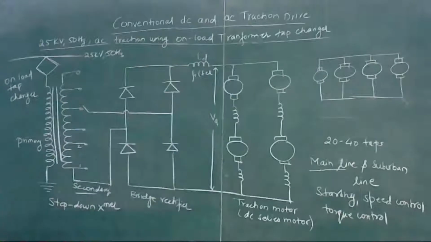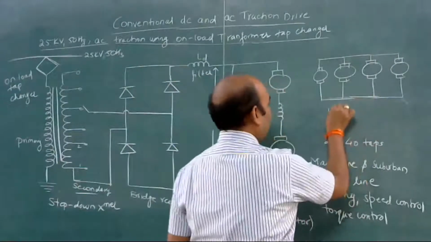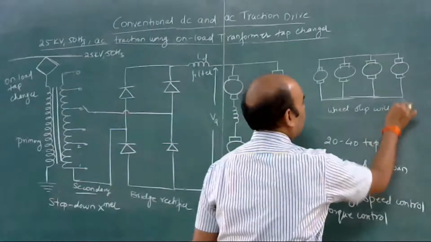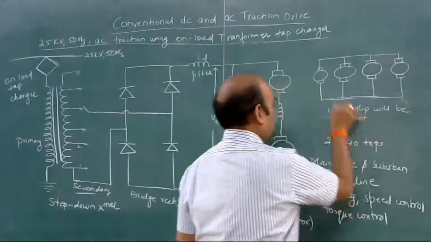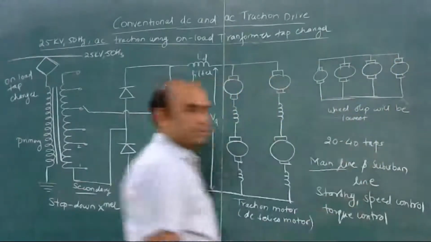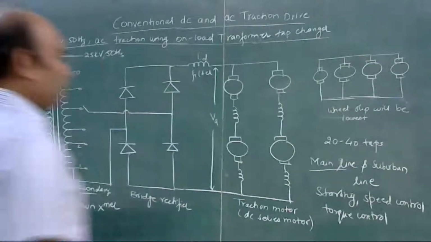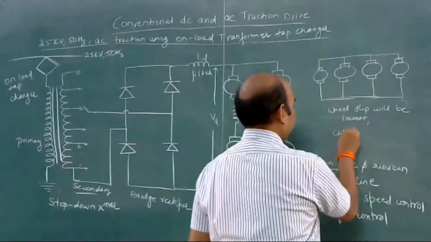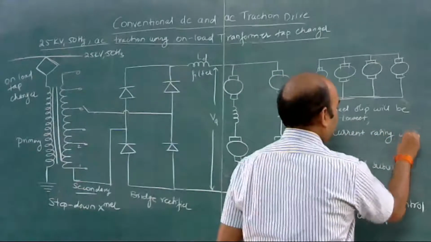The tendency of wheel slip will be lowest. But the current burden will increase, so the current rating will be high.